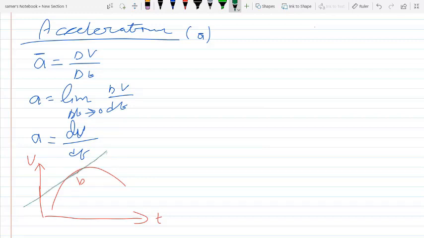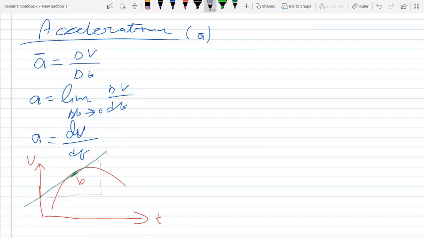If we calculate the slope of this tangent line, delta V over delta T, it will give the instantaneous acceleration of the object at point B.